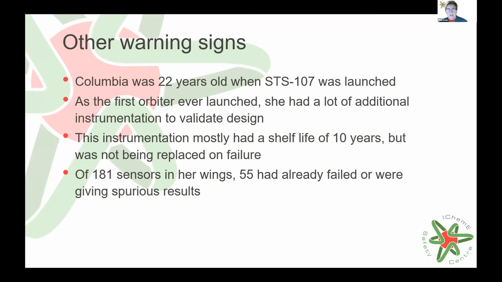So of 181 sensors in the wing, 55 had already failed. Now what this meant is when mission control started to get indication back from the shuttle, they started to see results that they didn't believe because they get false alarms on these things. But they were actually real alarms telling them that the space shuttle was burning up.